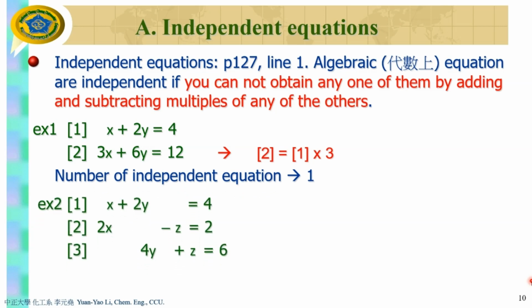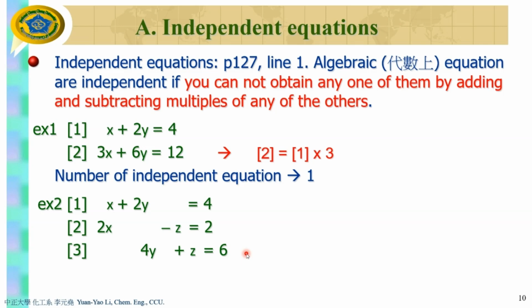I'll give you another example. Equation 1 is this. Equation 2 is this. Equation 3 is this. How many independent equations in this case? On the other hand, can you get the answer for x, y, and z using these three equations?